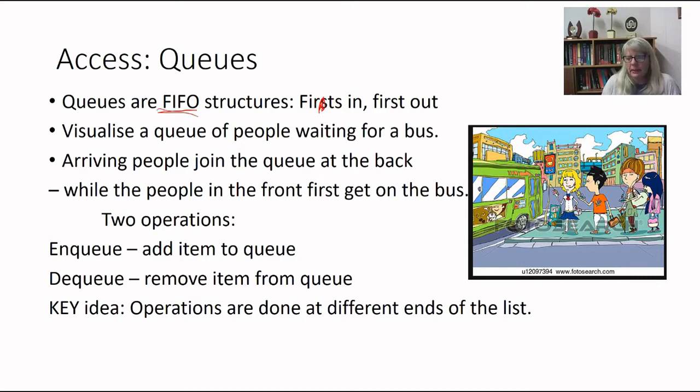It means that you are waiting for a bus. The person arriving first will be in the front of the queue. Other people will arrive at the rear of the queue. And the person that's first in the queue will first get on the bus. First in, first out.